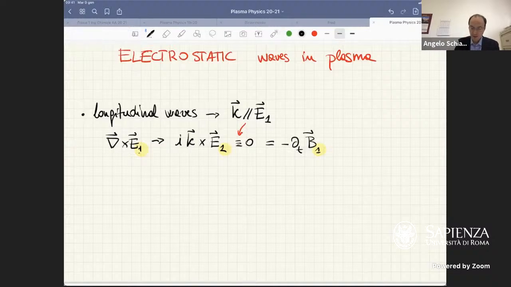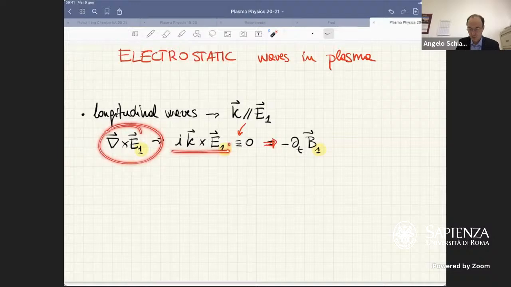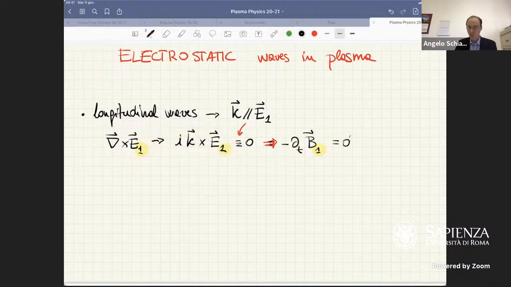So, in the same way that the curl operator can be expressed in complex notation, this is 0, so it means that using Faraday's law, the time derivative of B is 0. And what does this mean?